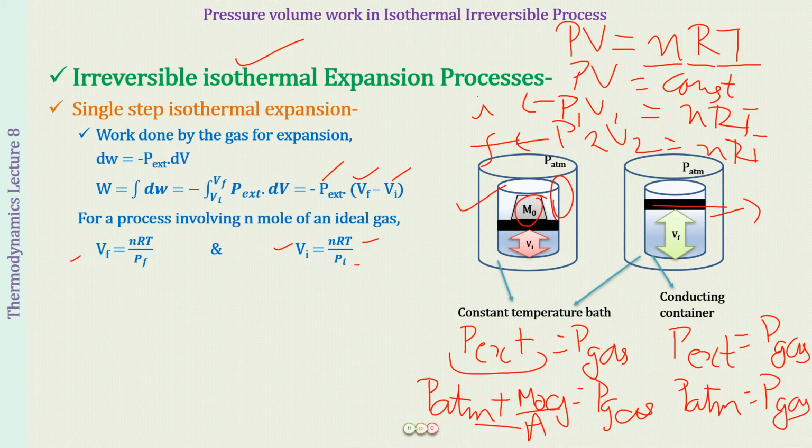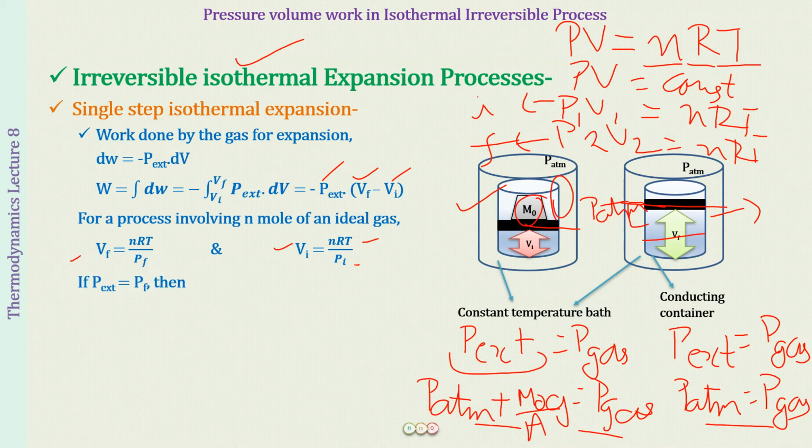So this is the difference, but these are the two points where there is an equilibrium between the system and the surroundings. In between, from this to this, the pressure is going to be P atmospheric, and this will not be in equilibrium with the system. This is an irreversible process. This is how you have to remember it. So what do we have?